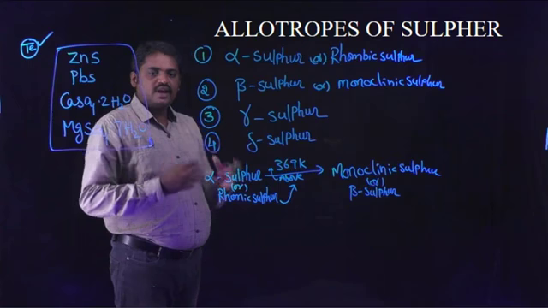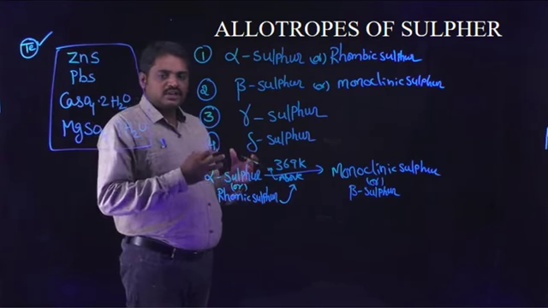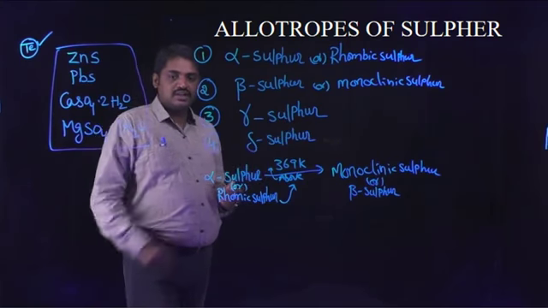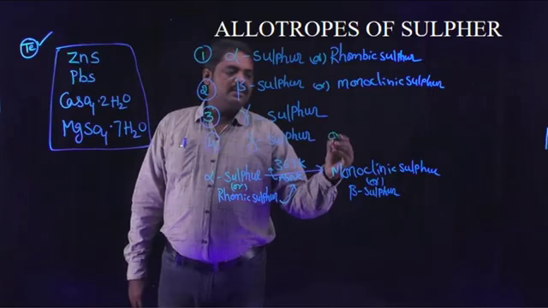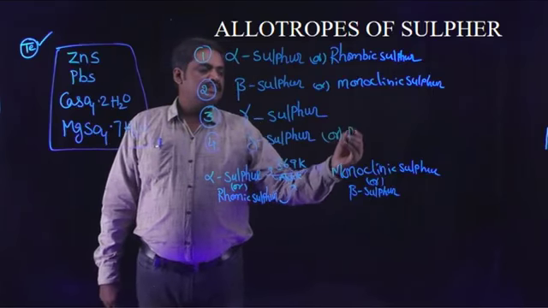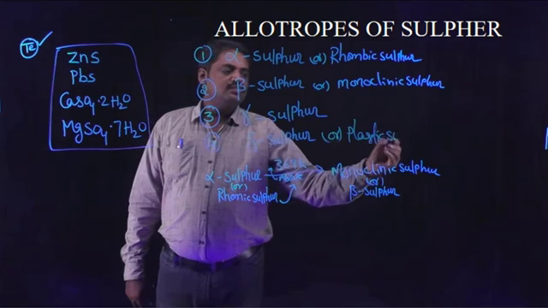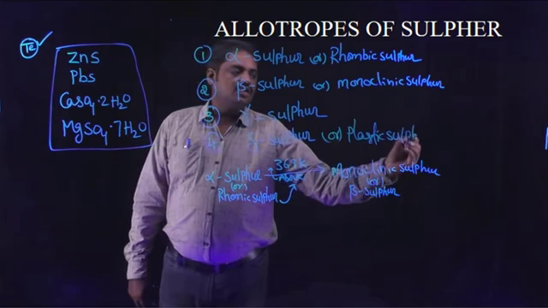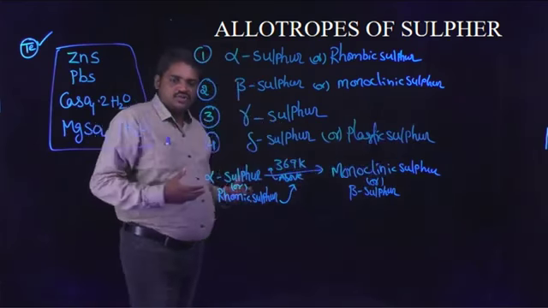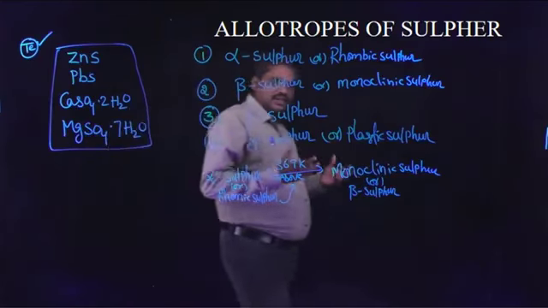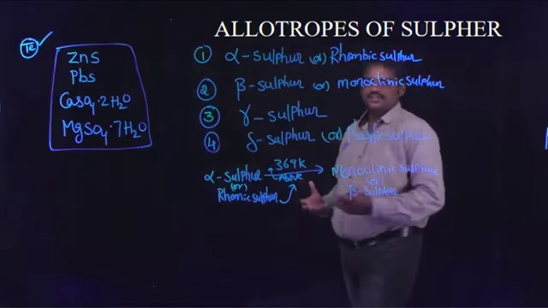And when vigorously heated, gamma sulfur is converted to delta sulfur. Delta sulfur is known as plastic sulfur. These allotropes are interconvertible at different temperatures.